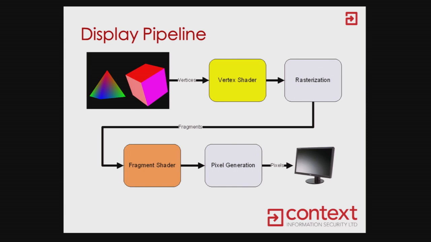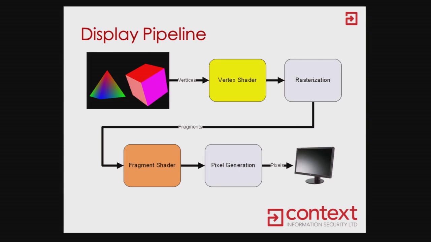To get a better understanding of the security issues that WebGL can bring about, we have to think about how WebGL does its 3D rendering. This is a very simple representation of the display pipeline used to take your 3D models and 3D data and output that to the screen in some fashion.